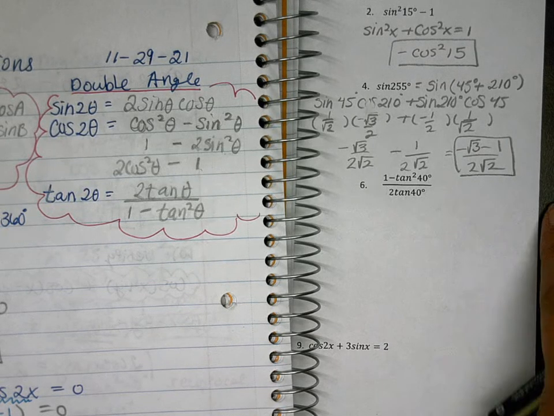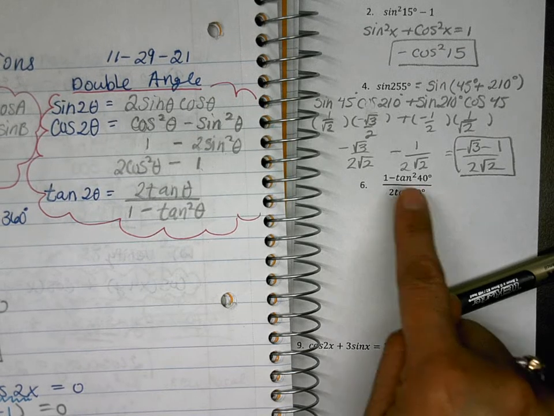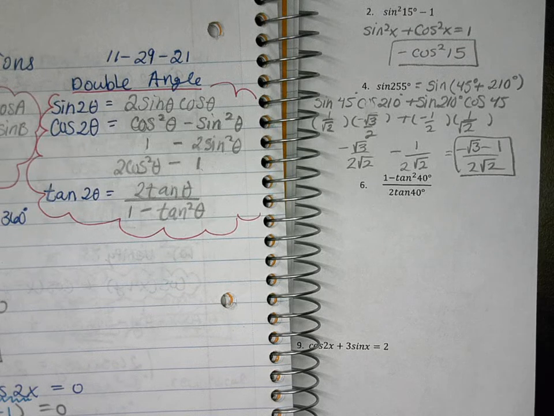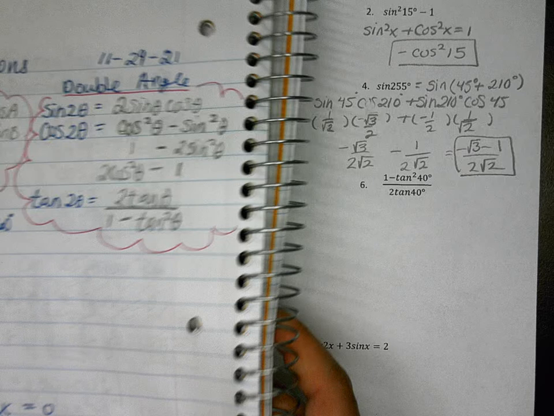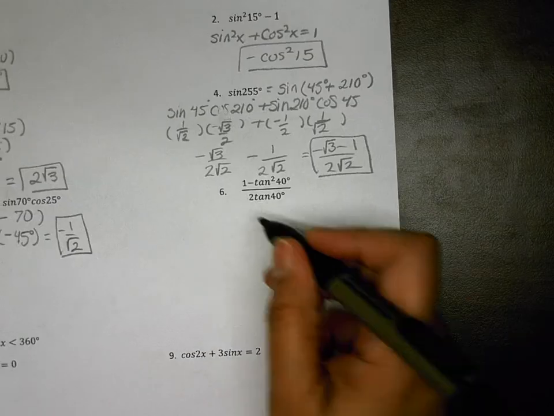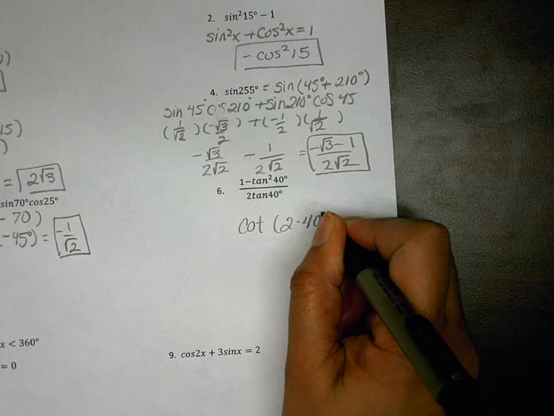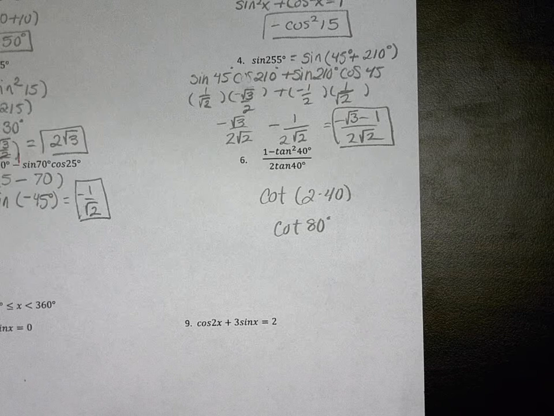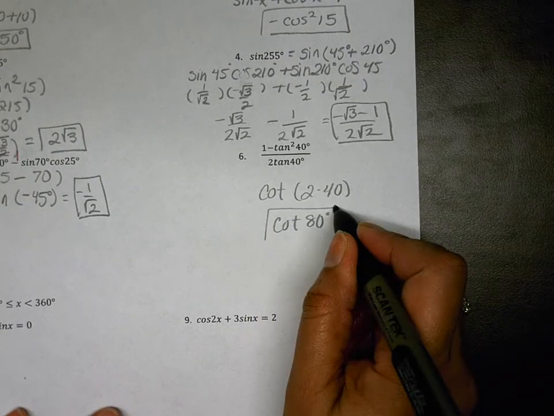Okay, is it also flipped on the negative sign? 1 minus tangent squared, 1 minus tangent squared. Okay, so it's just cotangent of double the angle. Cotangent of 2 times 40, so cotangent of what? Is that one of my special formulas or special angles? No, that's my answer.